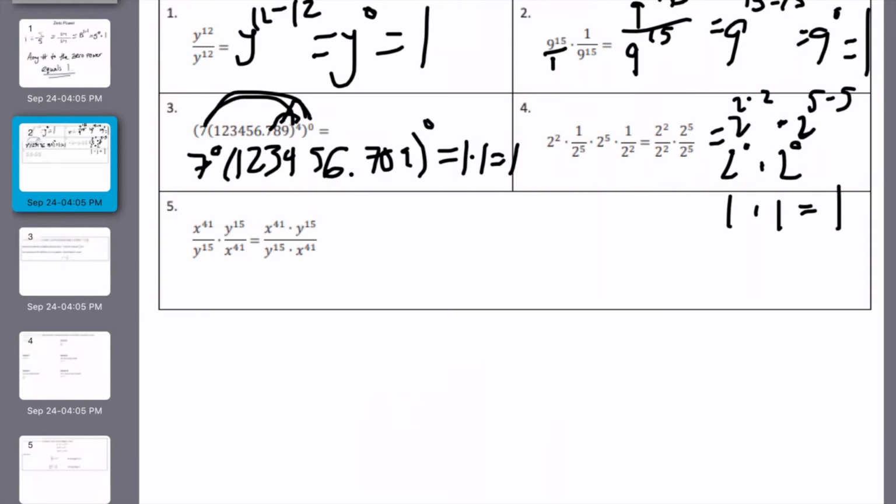And it's going to be a similar situation here, okay? I'm going to end up rewriting things because multiplication is commutative, so I'm going to be rewriting things as y to the 15th times x to the 41st over y to the 15th times x to the 41st. And then I'm going to break things apart.